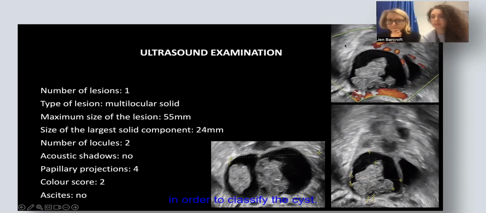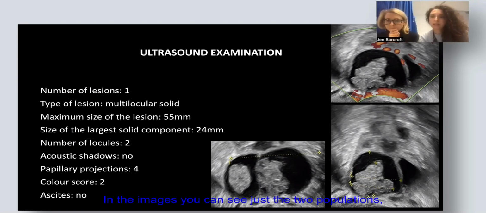In order to classify the cyst, we look at the presence of complete septa, presence of solid component. Here we can see one complete septa, and we can see papillations, which are by definition solid component. So it is a multilocular solid lesion. In the images, you can see just 2 papillations, but there were actually 4 in total.